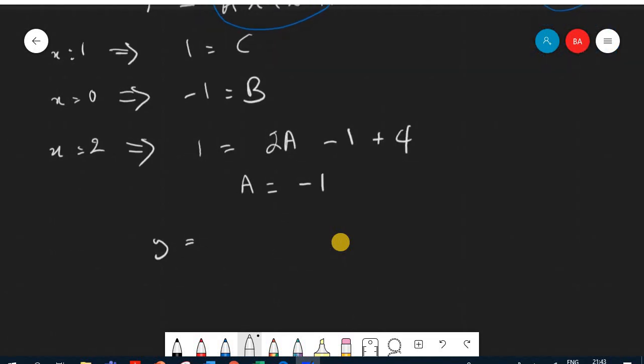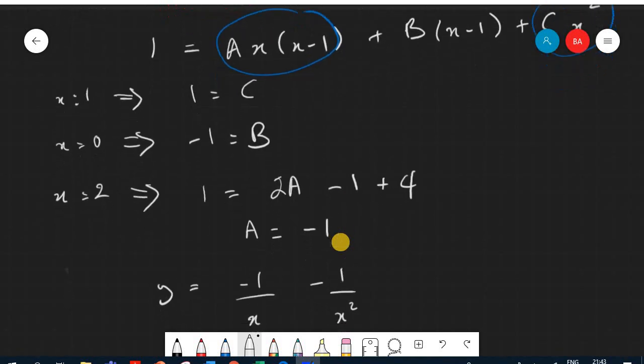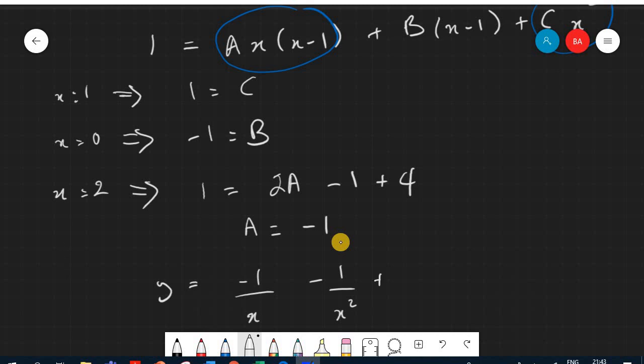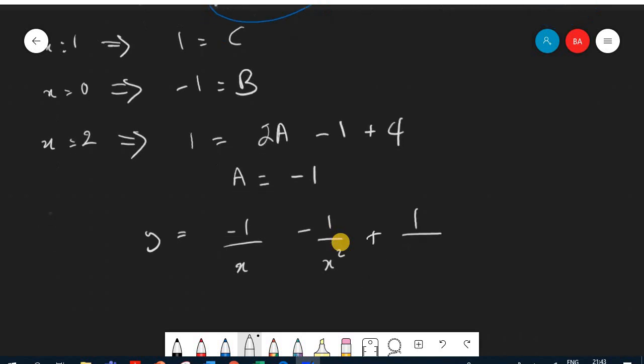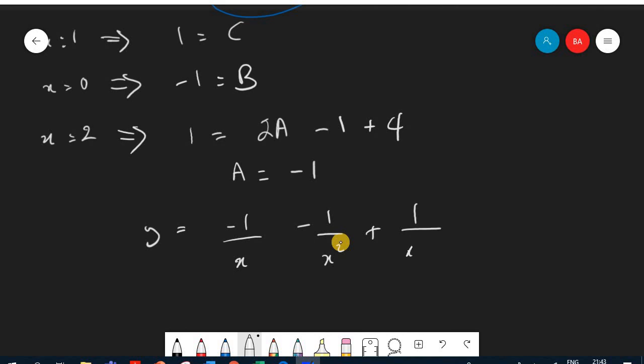So that is minus 1 over s, minus 1 over s squared, and the third one is definitely plus c, which is plus 1 over s minus 1.